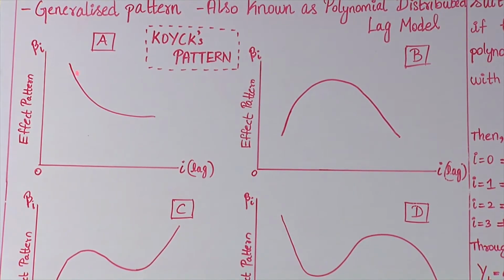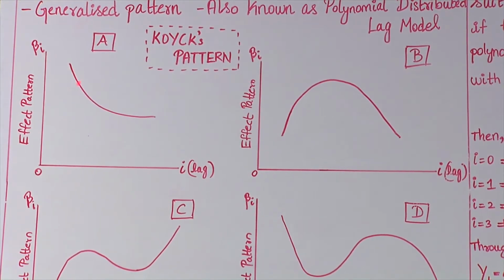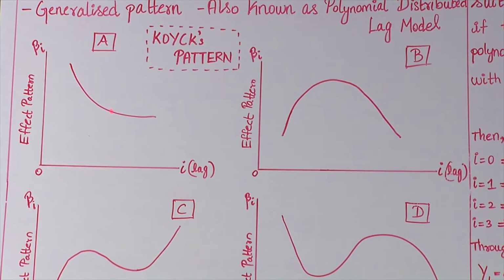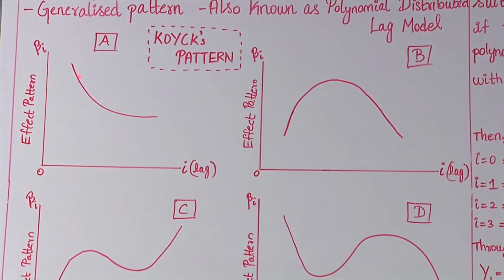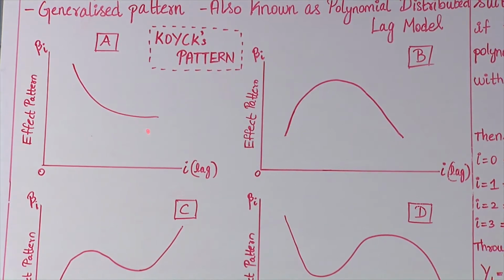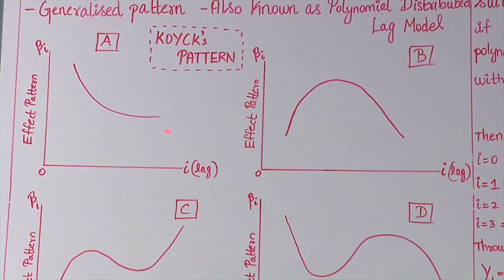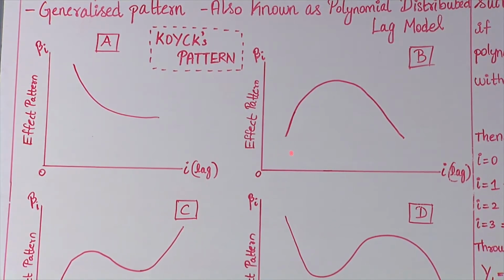So the Koyck approach tries to model effects which decrease over time uniformly but at an exponential rate.